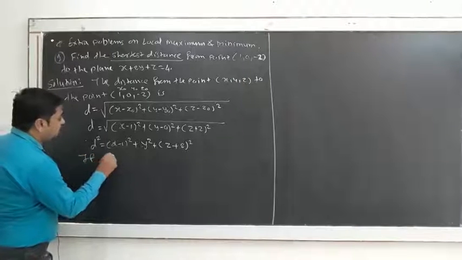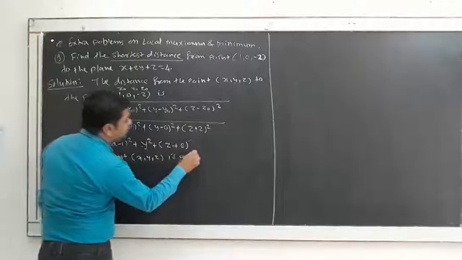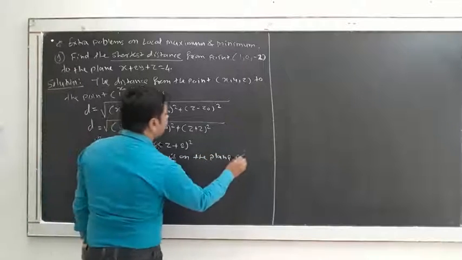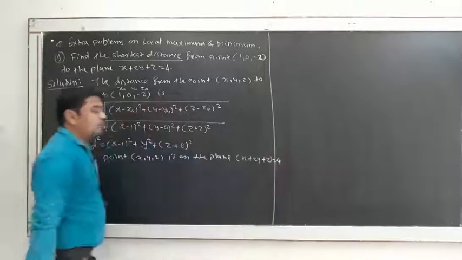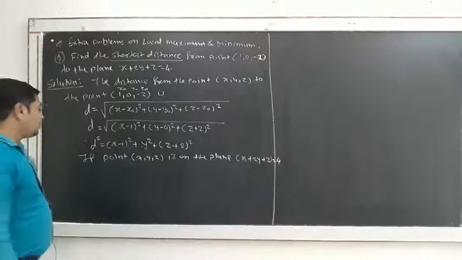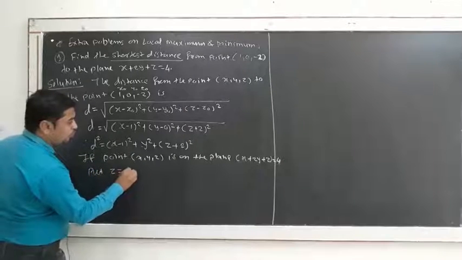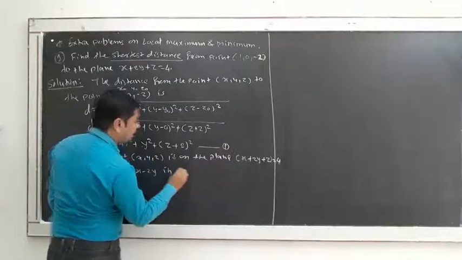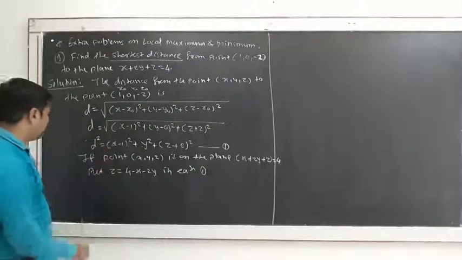If this point (x, y, z) is on the plane x + 2y + z = 4, then what can we put? So put z = 4 - x - 2y in equation 1.